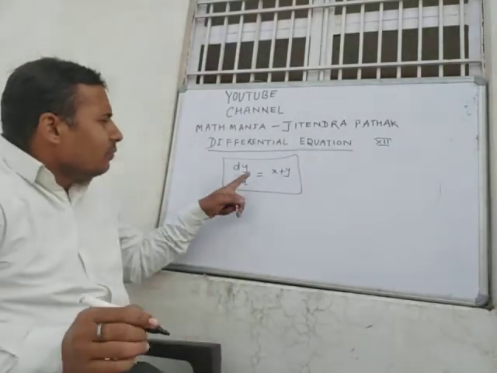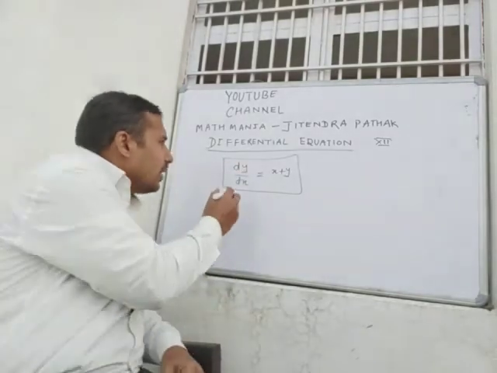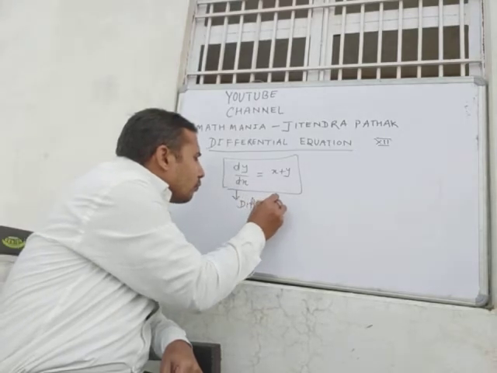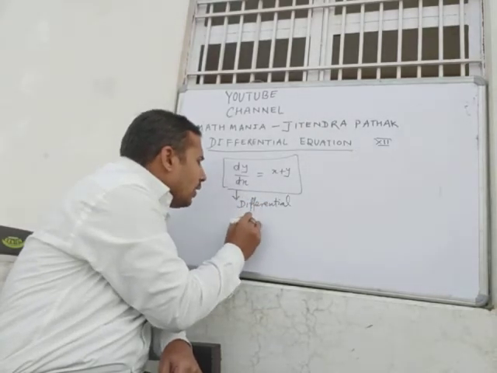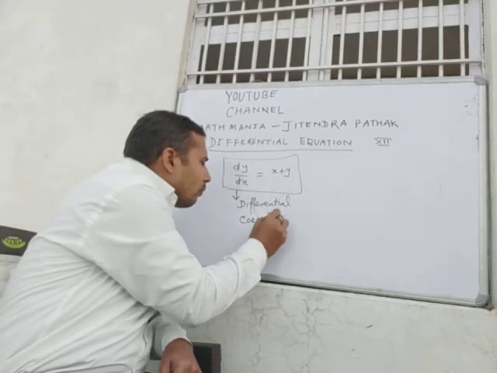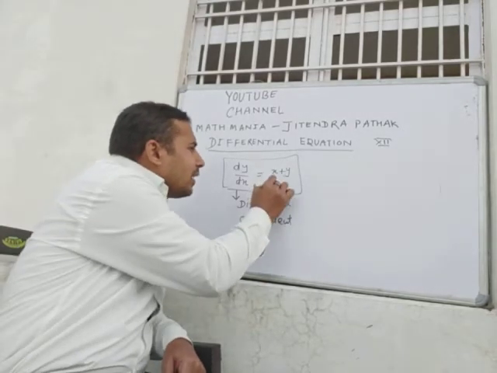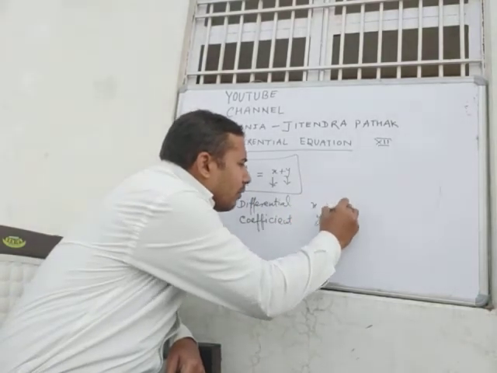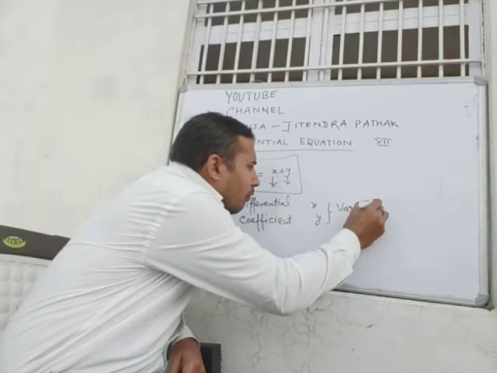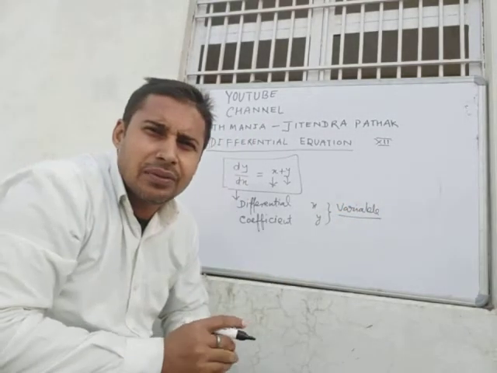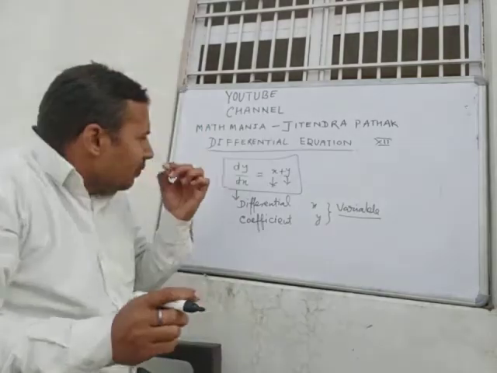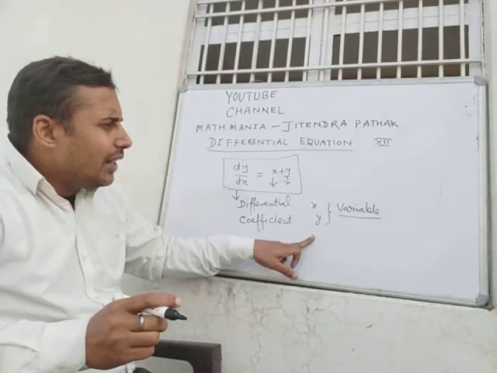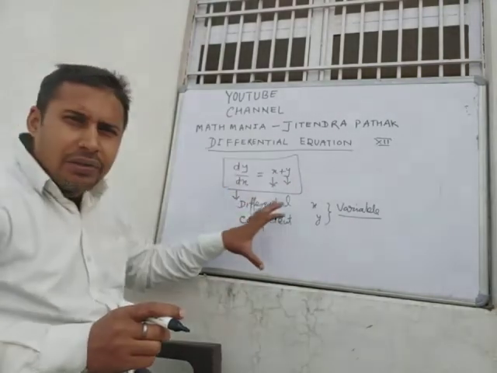This equation containing dy upon dx, this is differential coefficient, and x and y are variables. So equation containing differential coefficient and dependent or independent variable is called differential equation.